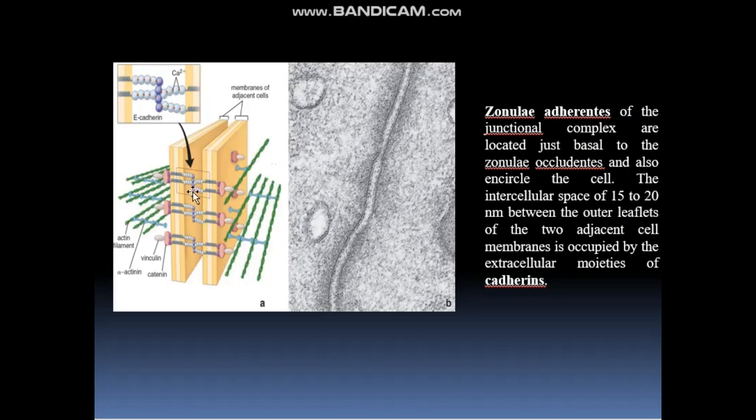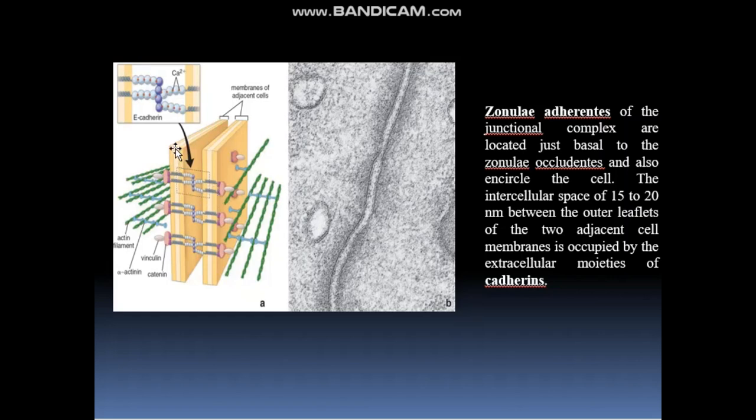The intercellular space here is 15 to 20 nanometers between the outer leaflets of the adjacent cell membranes and is occupied by the extracellular moieties of cadherins. Pay attention, this is cadherins. You remember cadherins belong to cell adhesion receptors. These are glycoproteins present in the cell membranes.